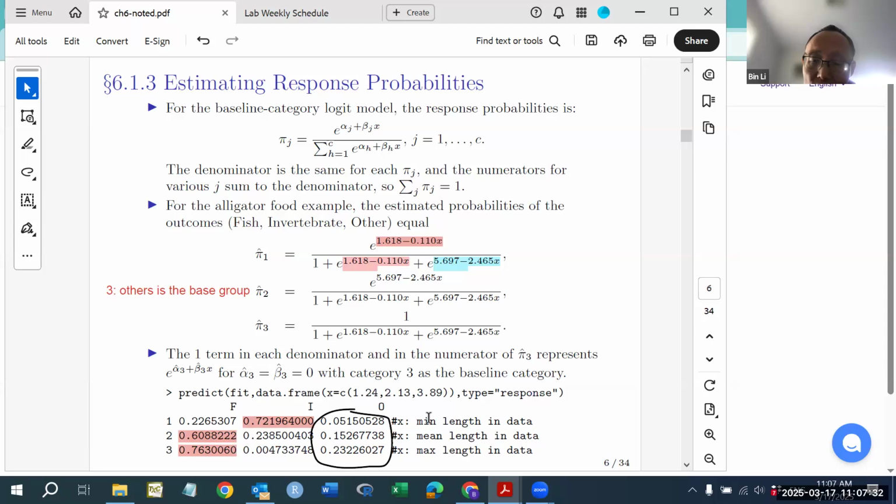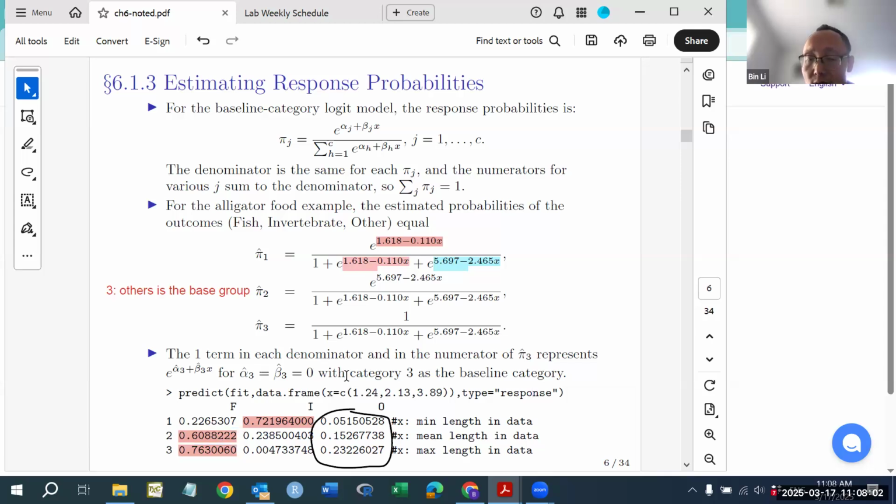So you can see when we have a minimum length, when the alligators are small, the invertebrate is the dominant primary food choice, right? But when the alligator grows larger, like the average size or the maximum size, you can see now the fish becomes the dominant food choice.